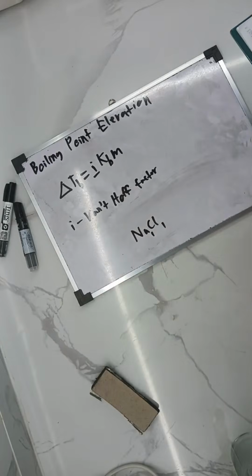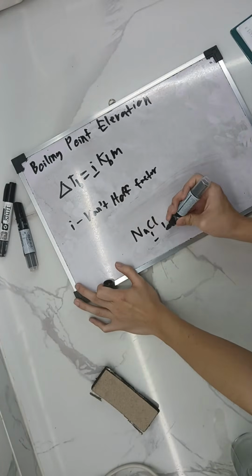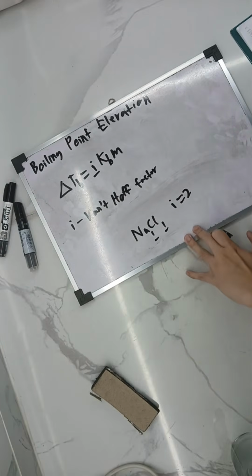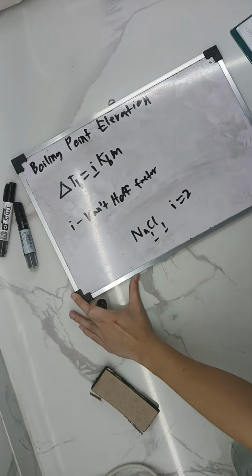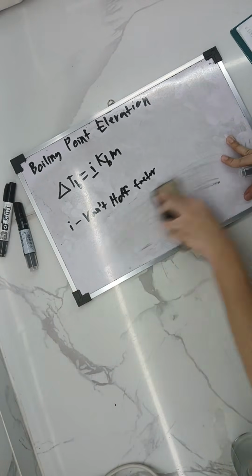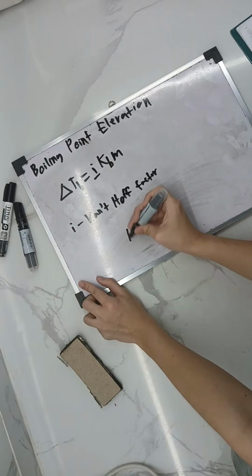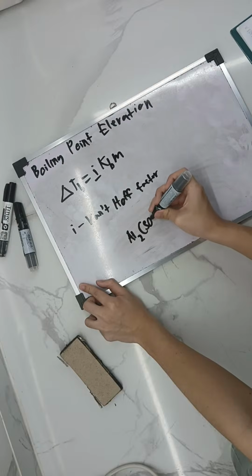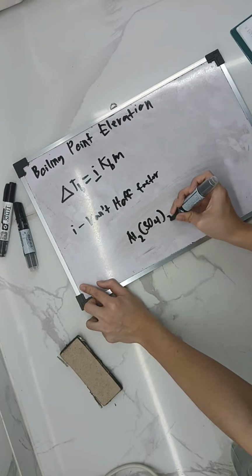They crisscross. So if you just count these together and add them up, that means their i value is equal to 2 because there's only 2 subscripts. If we have another example, let's say we have aluminum sulfate. So we're going to have Al2(SO4)3.